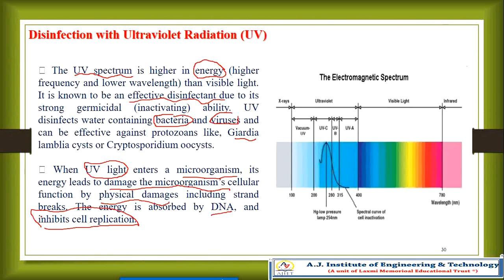See this electromagnetic spectrum here, which has zones of X-rays, ultraviolet rays, visible light and infrared rays at different nanometers.